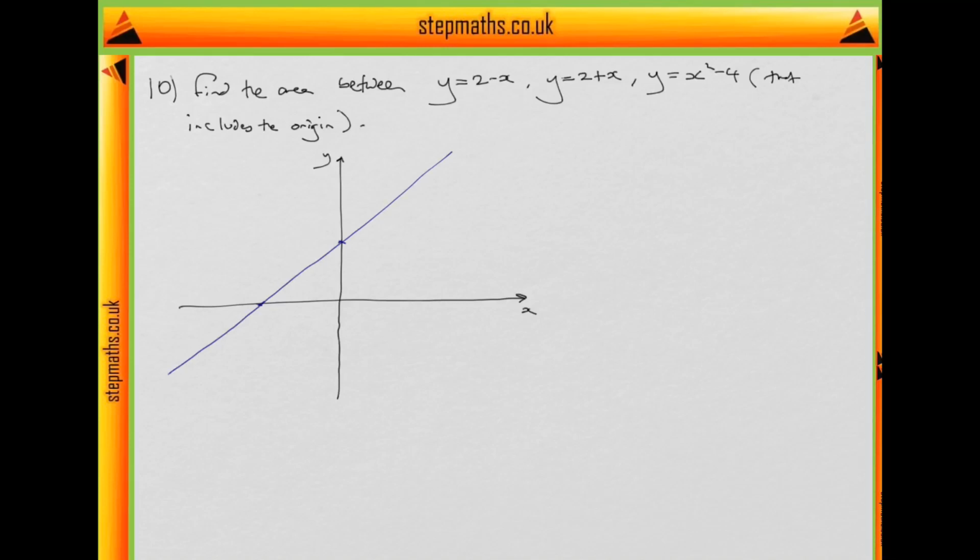Well, that's going to have an x-intercept at 2, so that'll be when y is 0. So that's 2, that is minus 2, and that is 2. And then again, it's going to have a y-intercept at 2. So we're going to have it coming down through like this. So this is the curve y equals x plus 2, and this is the curve y equals minus x plus 2.